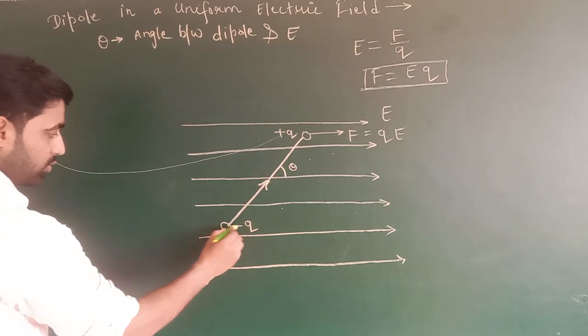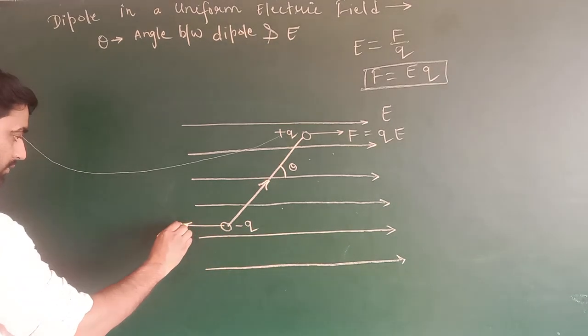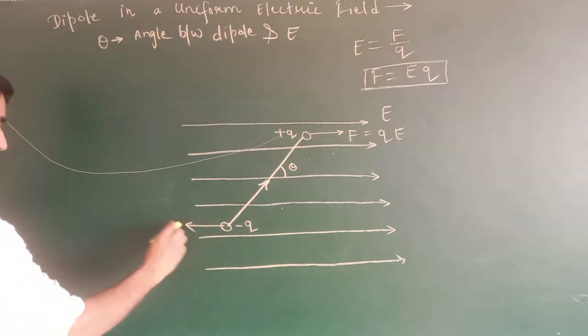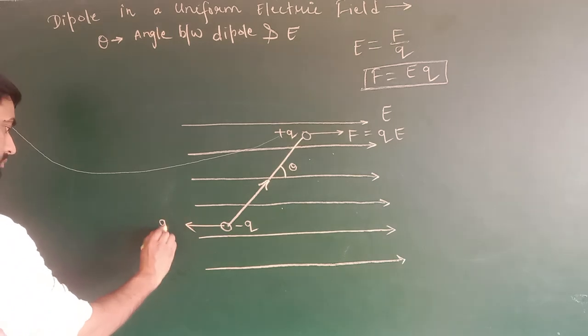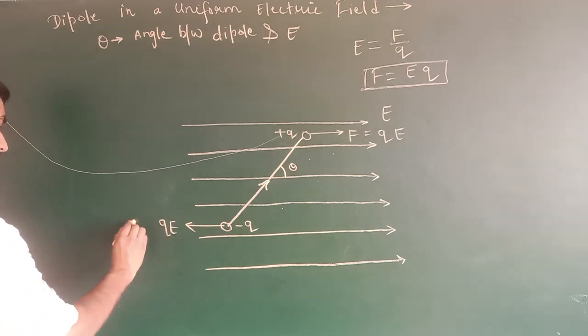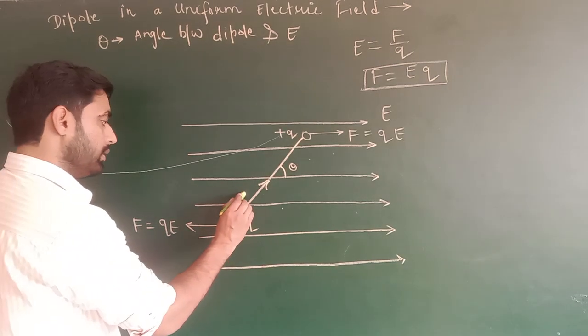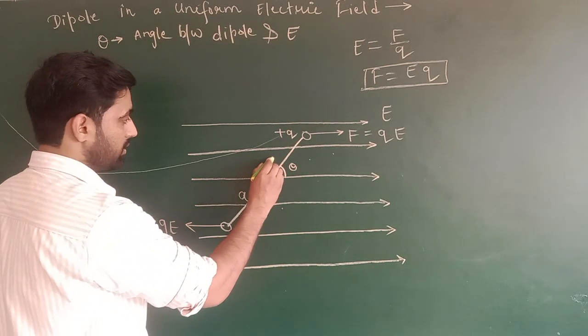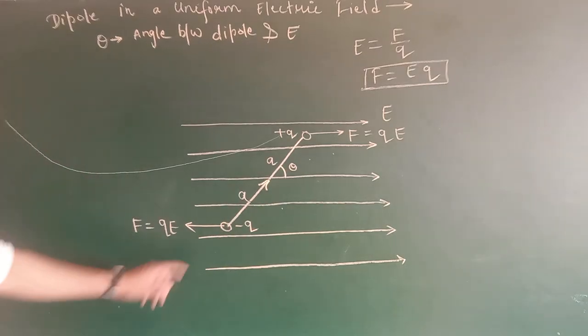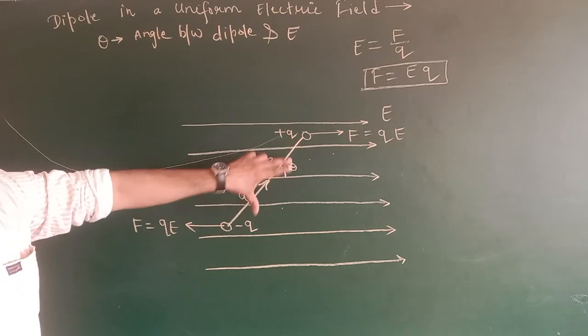And on the minus q charge, the electrostatic force will be in the left direction. Let the separation between the charges be 2a, that I am writing as a plus a, that is 2a.